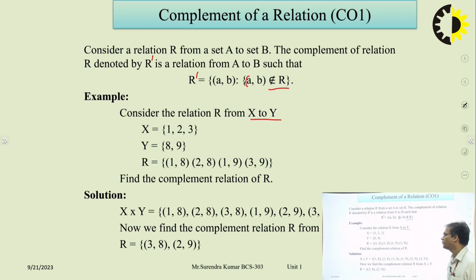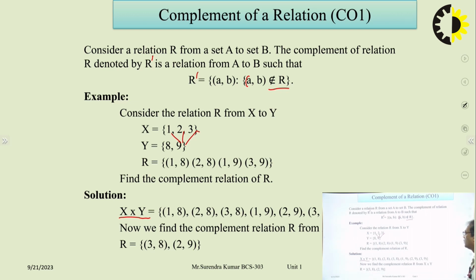For this, first you have to find the Cartesian product of the given sets. So the Cartesian product of X, Y will be (1, 8), (2, 8), (3, 8), then (1, 9), (2, 9) and (3, 9), right?